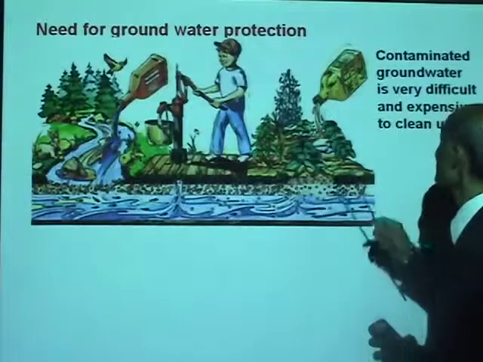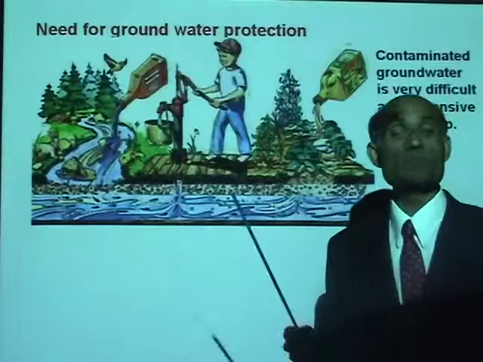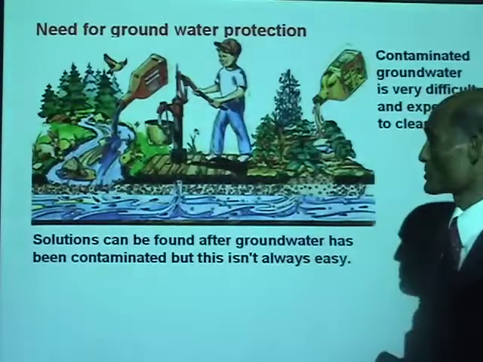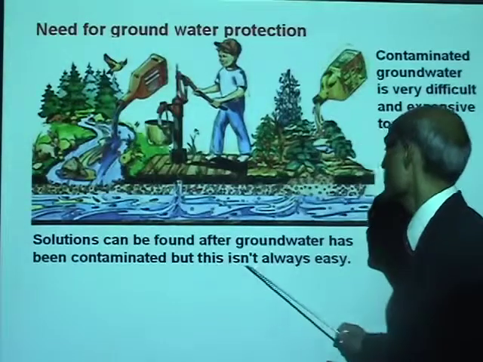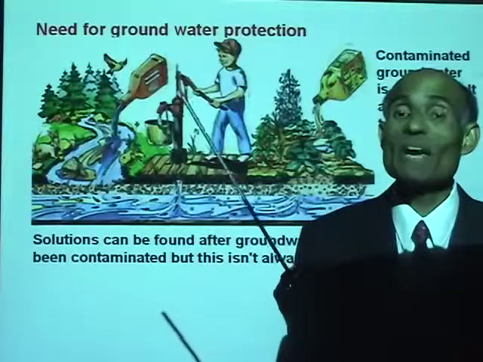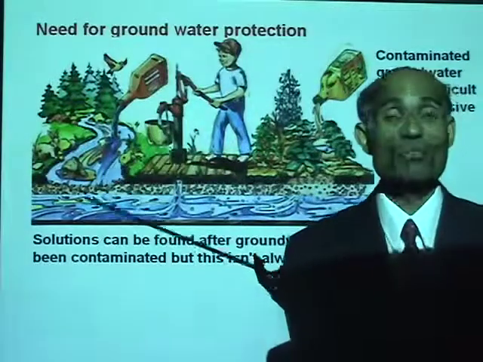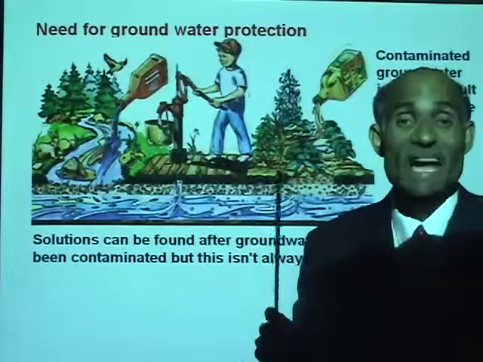So contaminated groundwater is very difficult and expensive to clean up. Solutions can be found after groundwater has been contaminated, but this isn't always easy. So what is the easiest way that we can protect our groundwater? The easiest way is do not contaminate it.